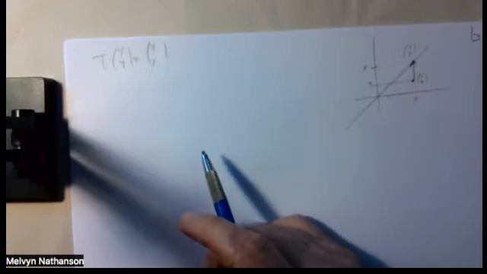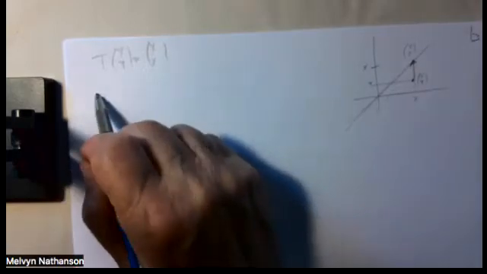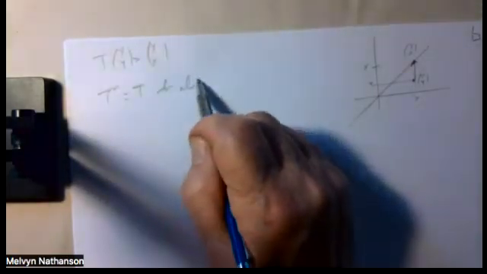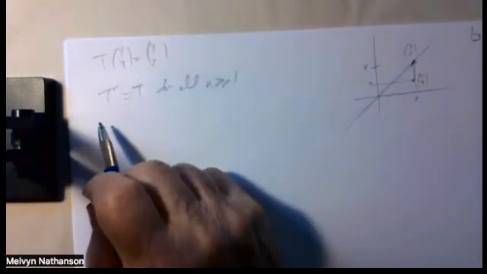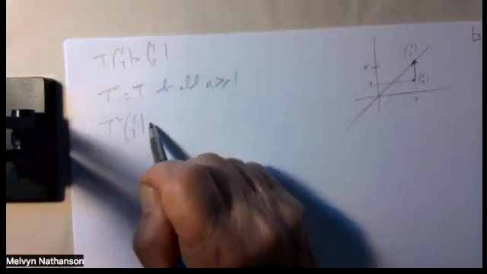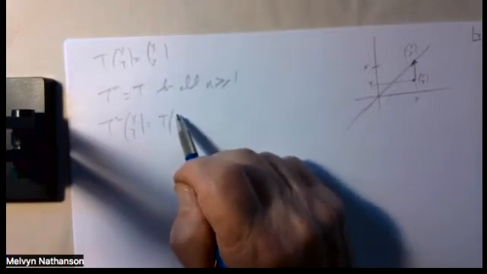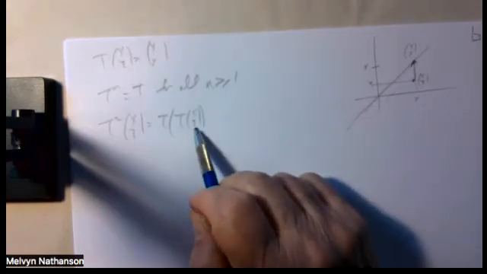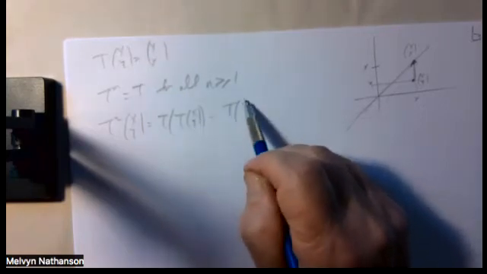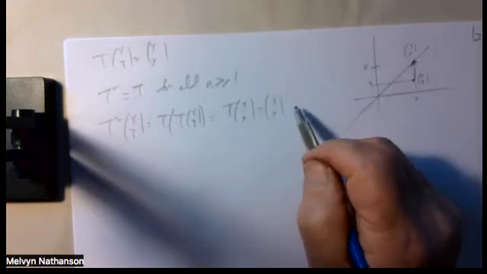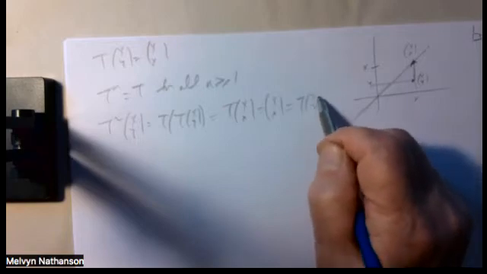In any case, we want to show that T to the N equals T for all positive integers N. So let's look at T squared. T squared of XY means T of T of XY. T of XY is XX, and T of XX is XX. So that's T of XY.